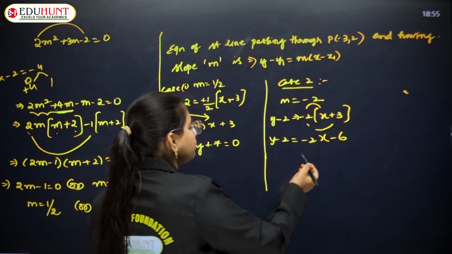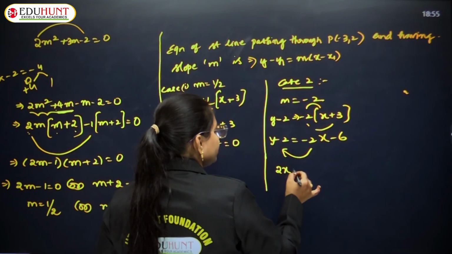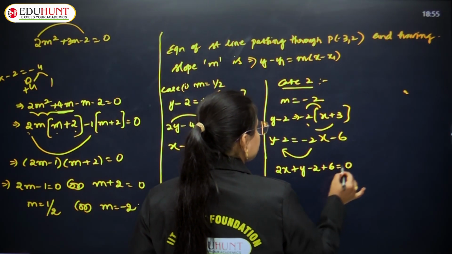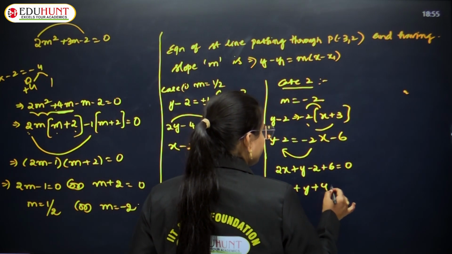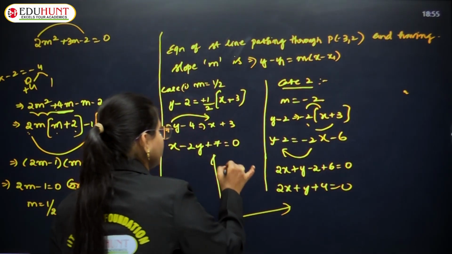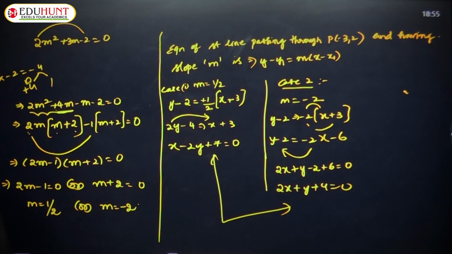Okay, so I want to transform this 2x to this side, left side. 2x plus y minus 2 plus 6 equals to 0. So which becomes 2x plus y plus 4 equal to 0. So I got two straight lines equations. Done.